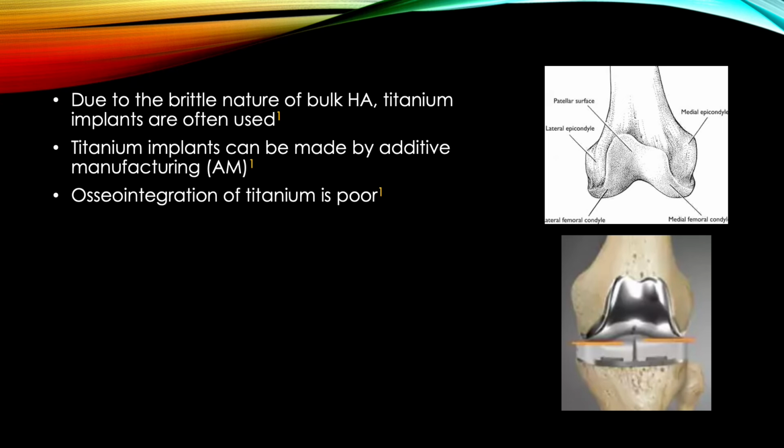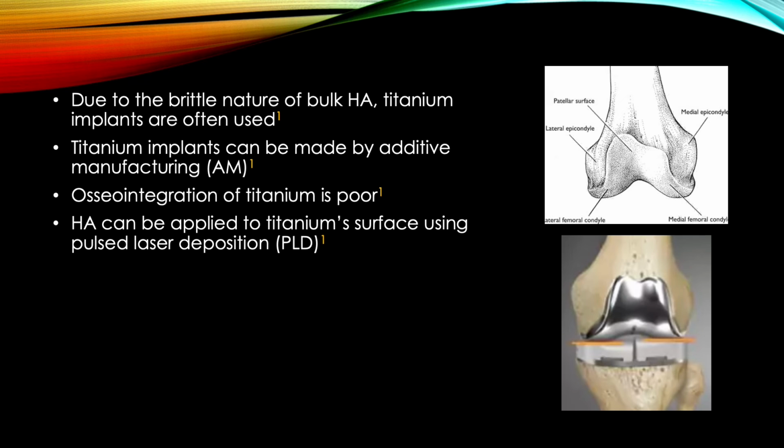While titanium is very strong, the problem with titanium is it does not integrate well with bone. On the right, we can see a picture of a condyle on the end of a femur, and we can also see that there is a titanium implant. HA can be applied to a titanium surface using pulsed laser deposition.